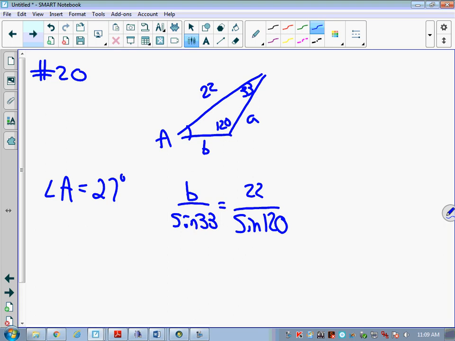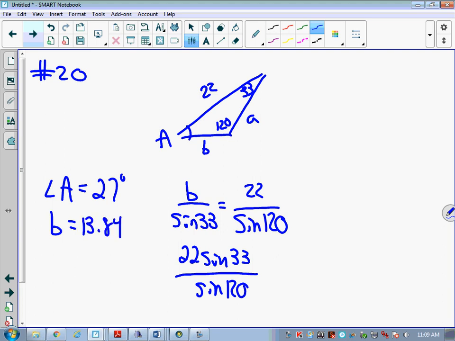So you're going to do 22 sine 33 divided by sine 120. So B should equal 13.84. All right, do we get that?